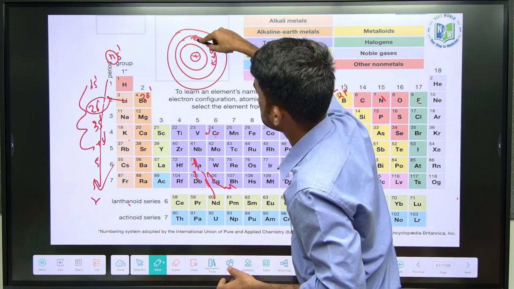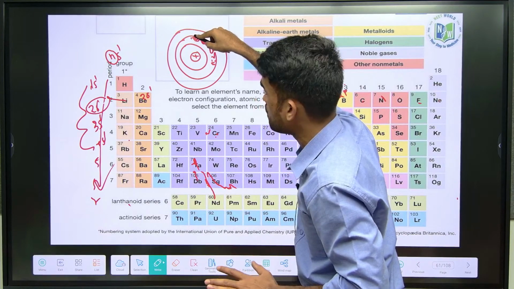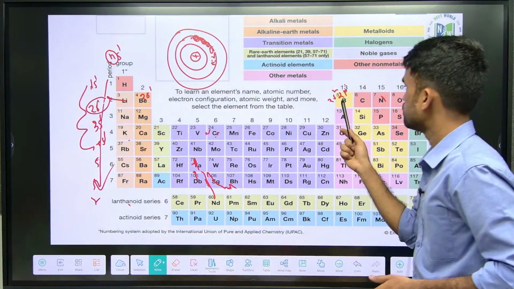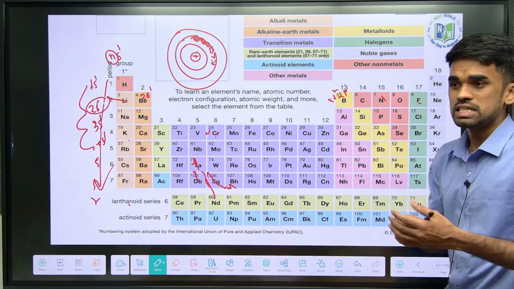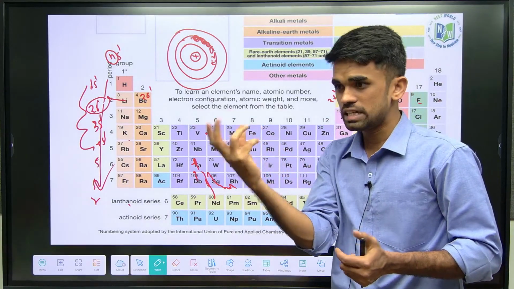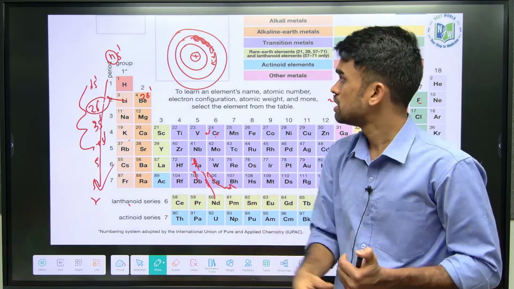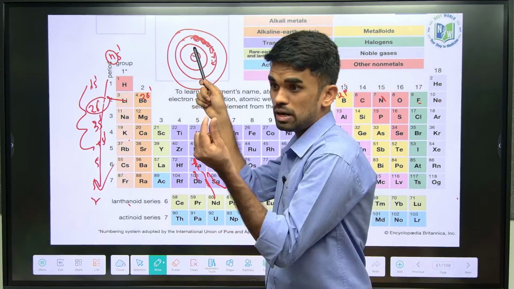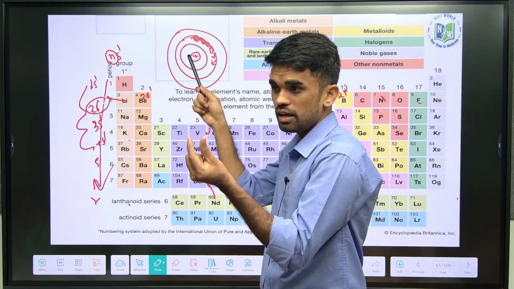So if electrons are coming into this second shell only, what happens? See, atomic number is how much here? 3, 4, 5, 6, like that the number is increasing now. Atomic number is nothing but the number of protons, and it is also equal to the number of electrons. See, electron count is increasing, but inside the nucleus the number of protons is also increasing, yes or no?